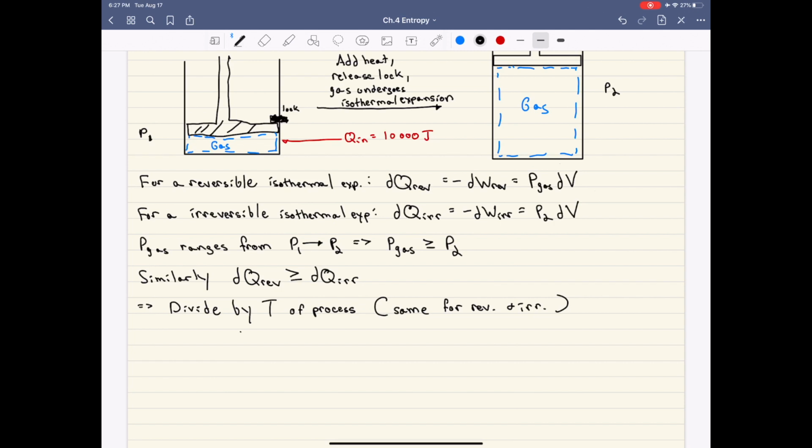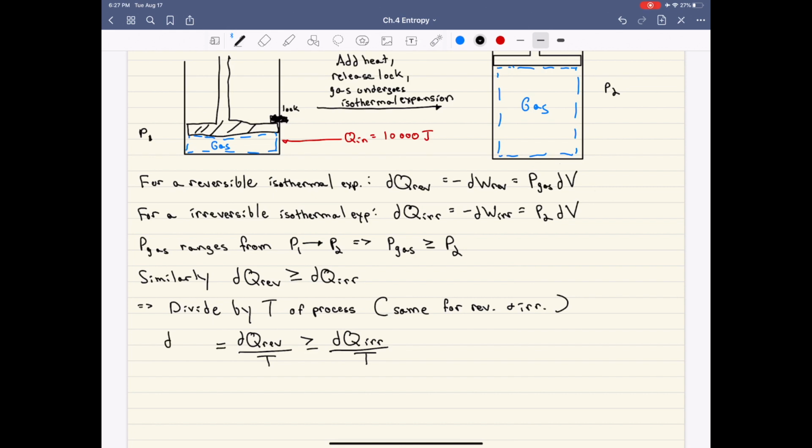So we have dq rev divided by T is greater than or equal to dqIRR divided by T. Now this ratio we have here of dq rev over temperature, we're going to give this a new variable name.